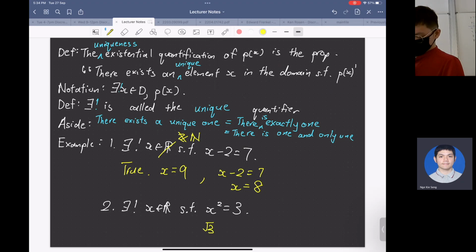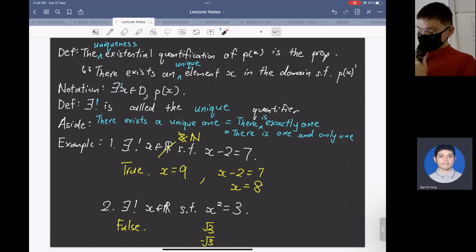Square root 3 and negative square root 3. False. Usually these x squared equations have two roots, the number of roots is the highest power of x, but it depends on whether it's solvable or not. But anyway. So okay, good.